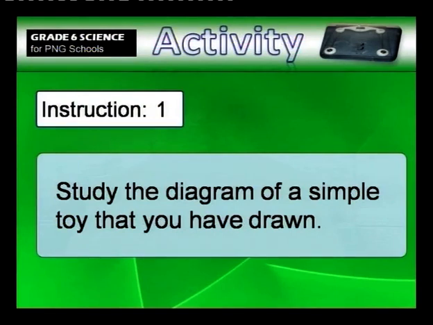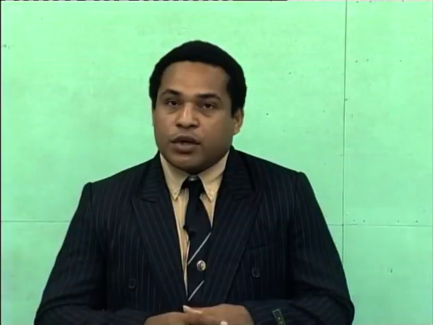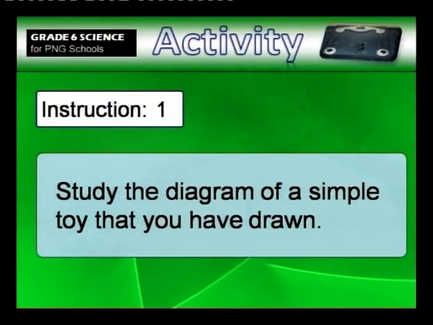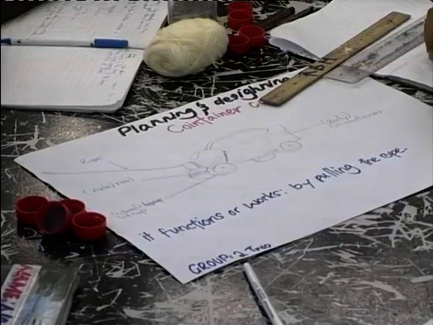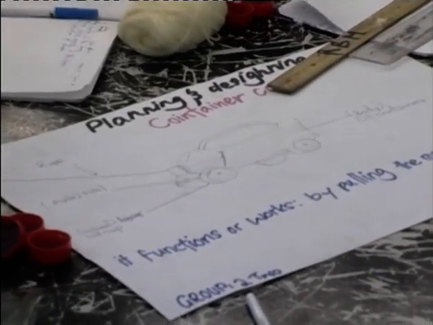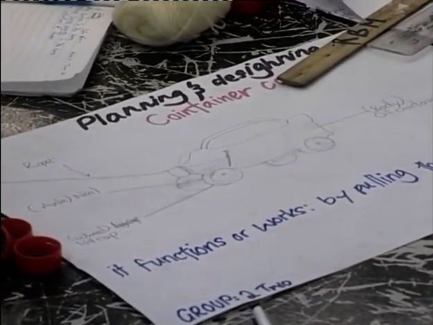You should have the diagram placed on your tables, or desk. I want you to have a look at the diagrams that you have drawn of a simple toy, and study the diagram. Just have a look at your diagram.